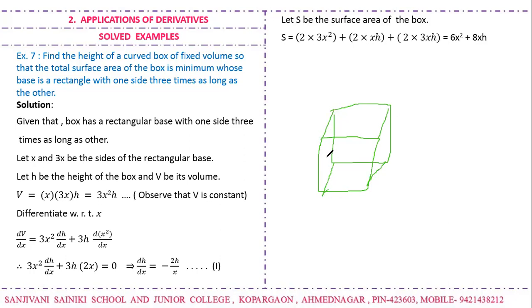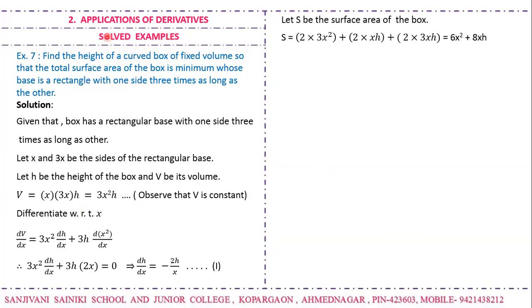So this is one surface, this is one surface, this is another surface, this is another surface, this is the topmost surface. Opposite 1, 2, 3, 4, and the top and bottom, so there are 6 surfaces. So how to find the area? We have to find the area. So first 2 into 3x squared.